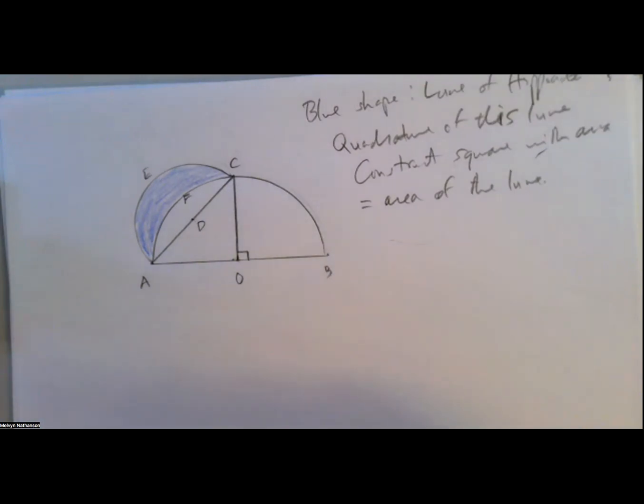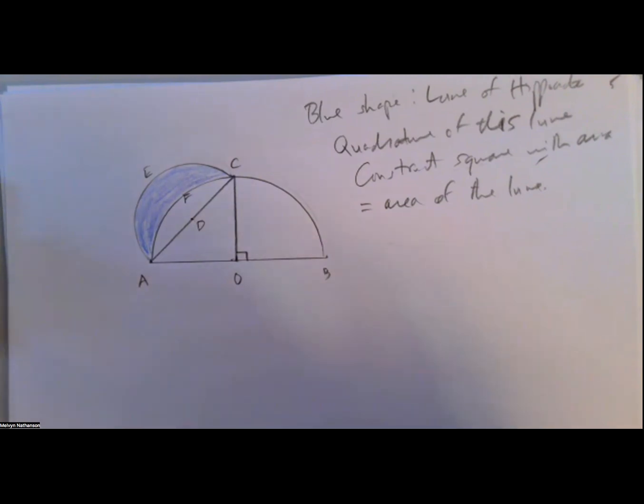Now, we use certain facts already proven in geometry. For example, we prove that an angle inscribed in a semicircle is a right angle.